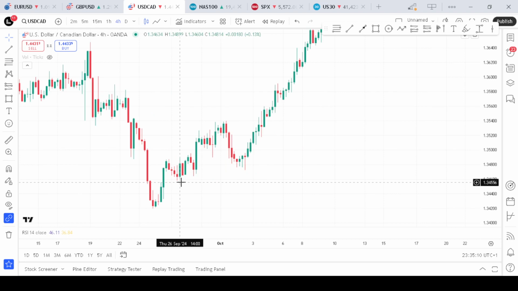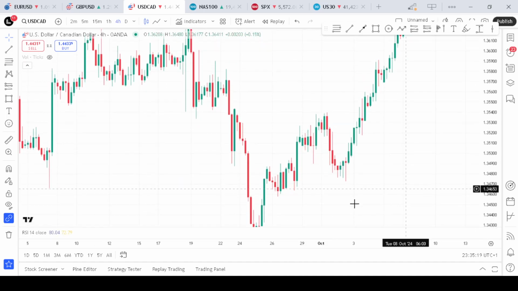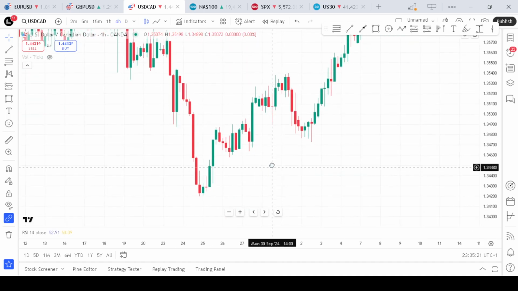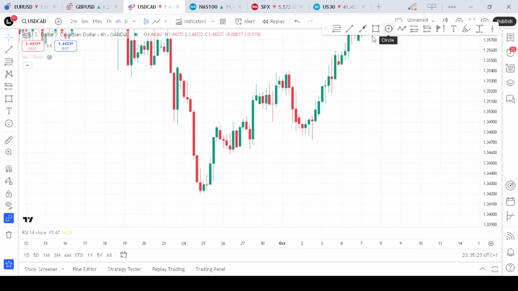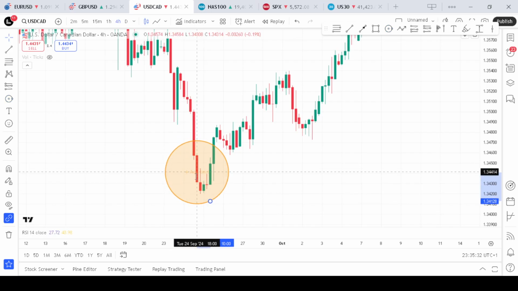This is what it means, that sellers are losing momentum and buyers might be prepared to take control over the market. And as we can see, this is a typical example of the pattern. After we see a large bearish candle, we see a small bearish candle that forms after the large bearish candle.